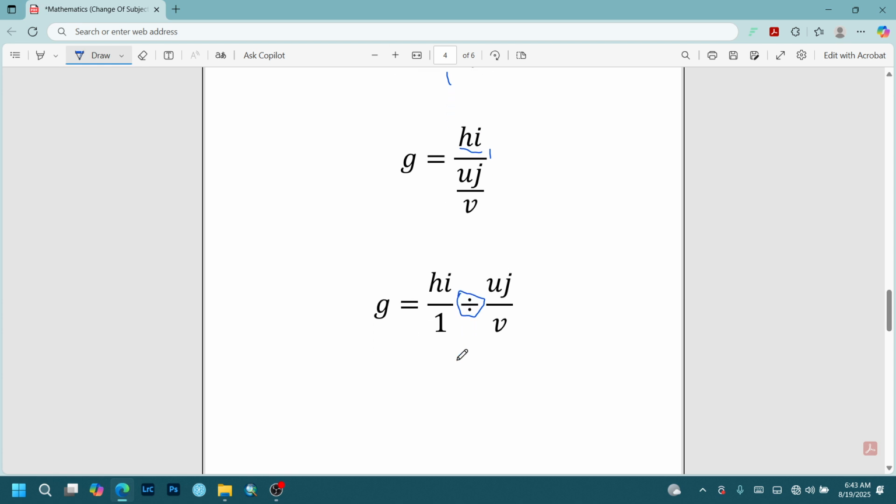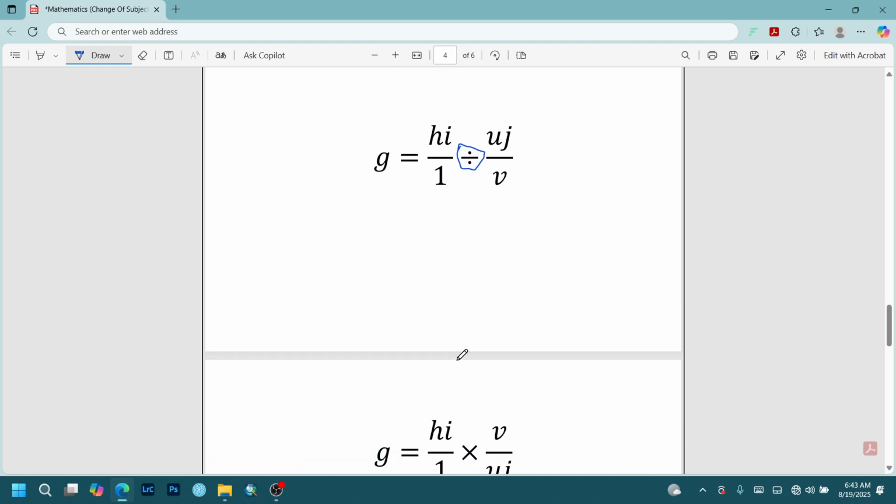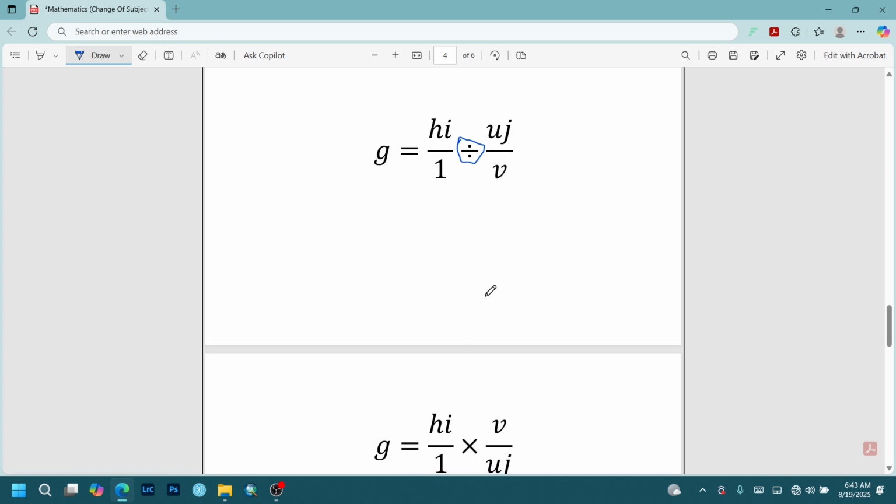So this division sign would metamorphose to multiplication, and when it does, it takes a reciprocal form, right? So that means this UJ over V would change its form. It will turn upside down in layman's terms. So UJ over V will give you V over UJ, right?